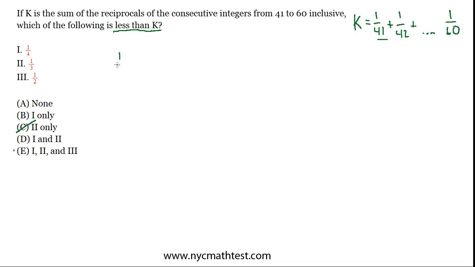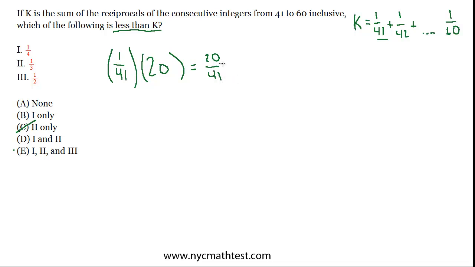So if you have 1 over 41 twenty times, then you're choosing the biggest one, so this method will overstate the value of k. It would be 20 over 41.